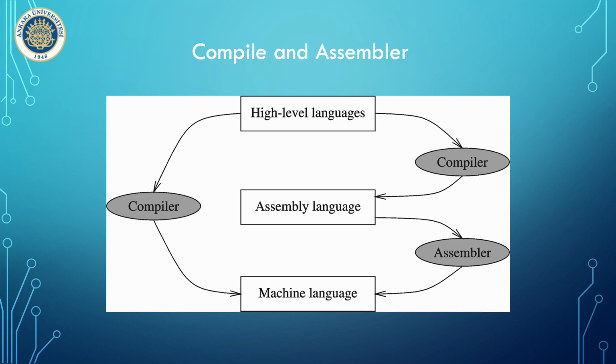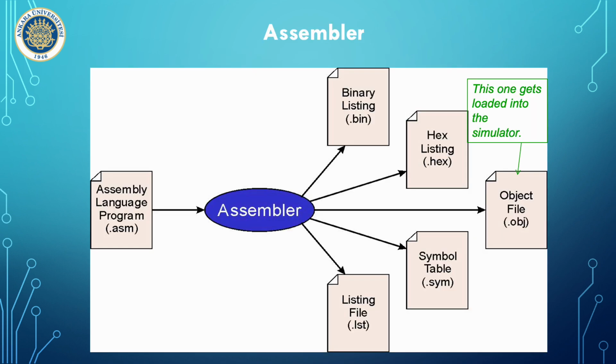Compilers manage high-level abstractions, while assemblers perform direct instruction translation. And this is the graphical explanation of that.